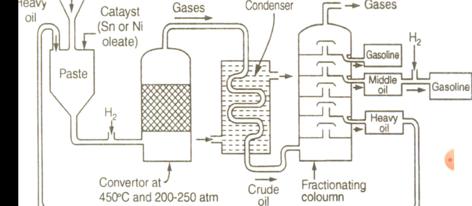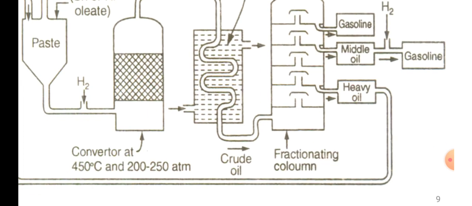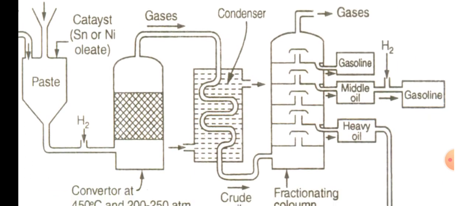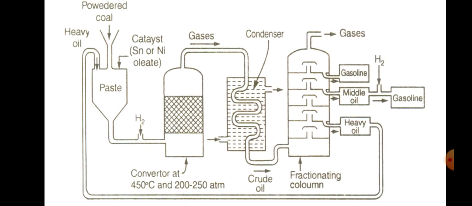The gaseous fuel is converted to liquid, like a crude oil. This crude oil enters the fractionating column, and at a particular temperature each fraction is liberated. First heavy oil is liberated, then middle oil, and then gasoline, which is the synthetic petrol. We can use it for automobiles, and finally gas is liberated.